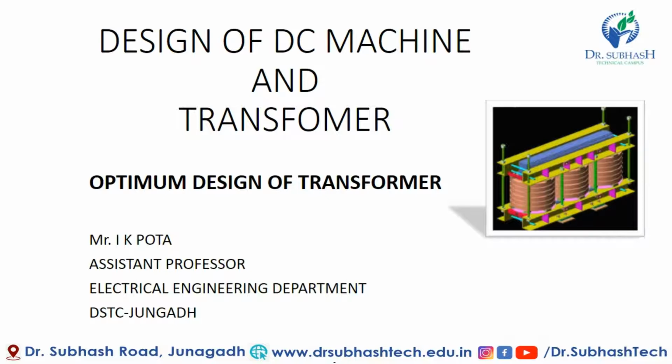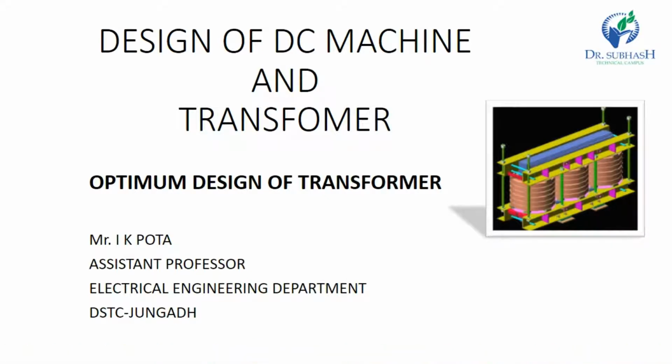So we have to adjust the values between efficiency and cost. For that purpose, we design a transformer with good efficiency and low cost, and we derive the equations for maximum efficiency and minimum cost.